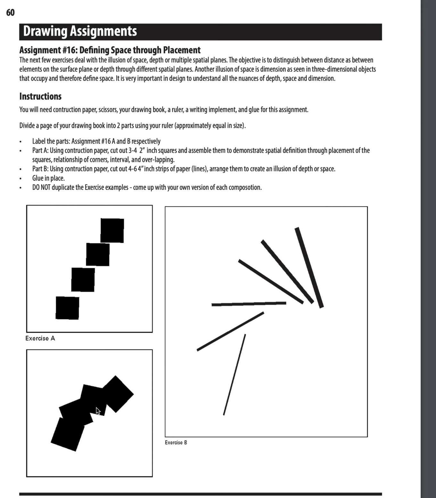While you are welcome to use things other than rectangles for most assignments, if you're going to go with the bottom option for assignment 16A, you cannot use anything other than a rectangle, because it is the seeing of the corners that is critical for this one. You have to be able to make out the individual corners of the rectangle to know how this overlapping is happening, because you are dealing with the same color and the same shape.